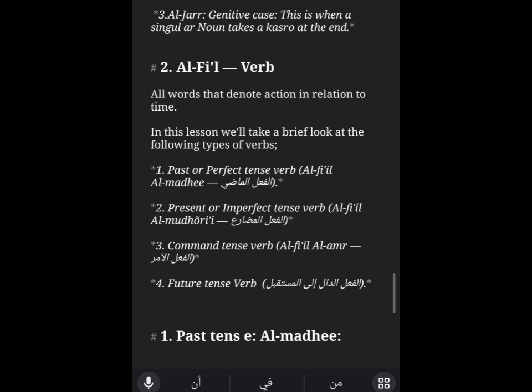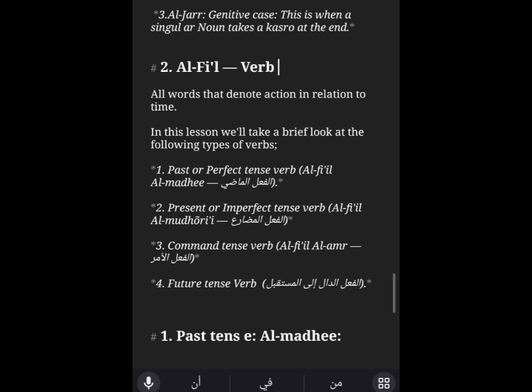So in Arabic, فعل is defined as كل كلمة تدل على حدوث شيء مقترن بالزمن. It refers to the occurrence of actions with respect to time.